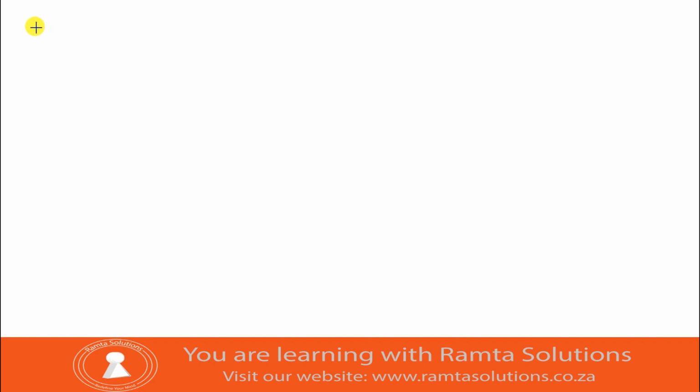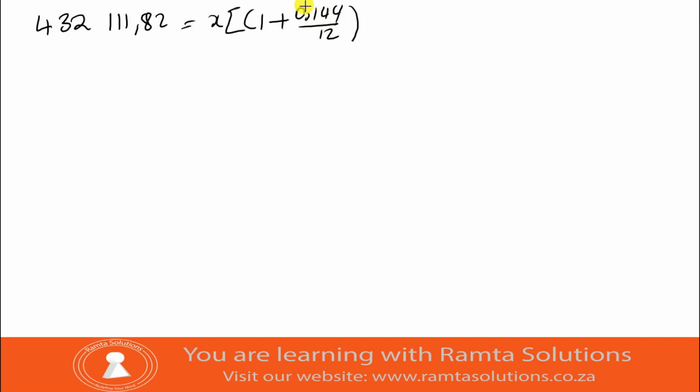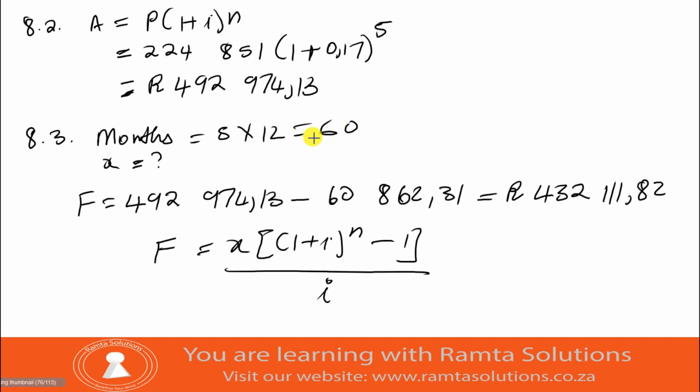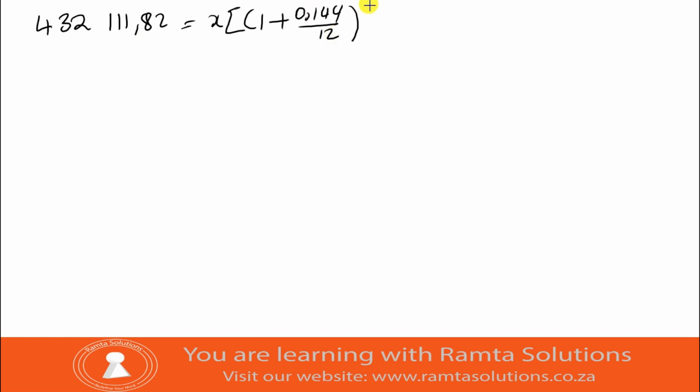So 432,111.82 is equal to x into 1 plus 0.144 over 12, to the power of the number of installments, which is 60. Even if I don't make a timeline, it's okay.